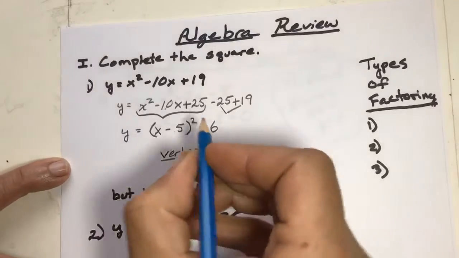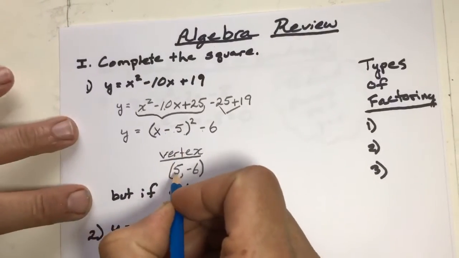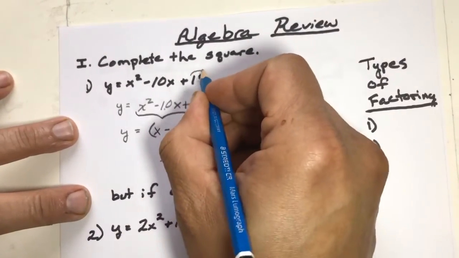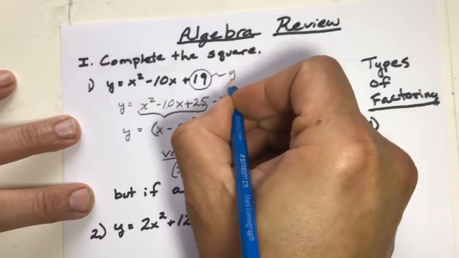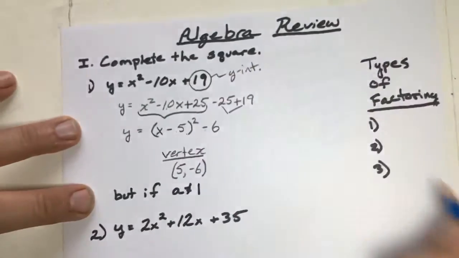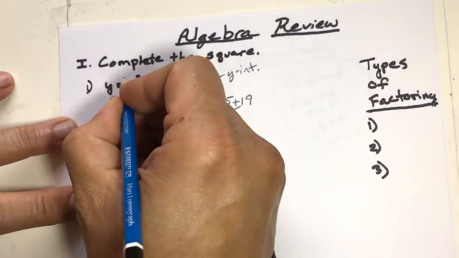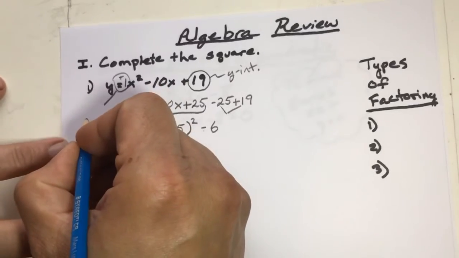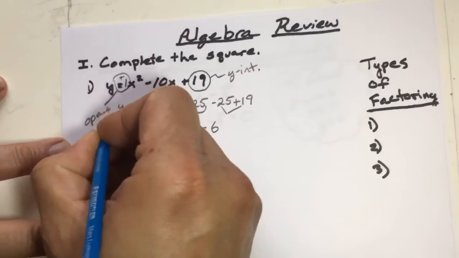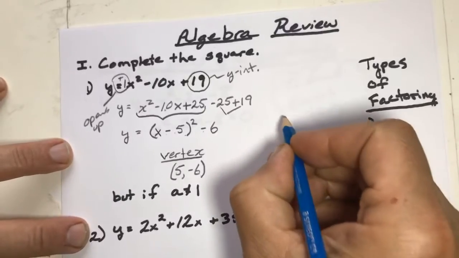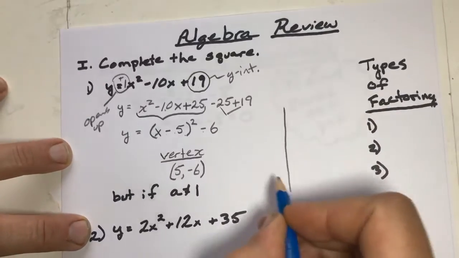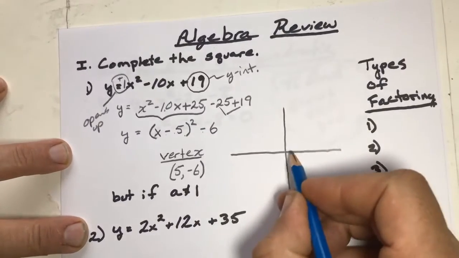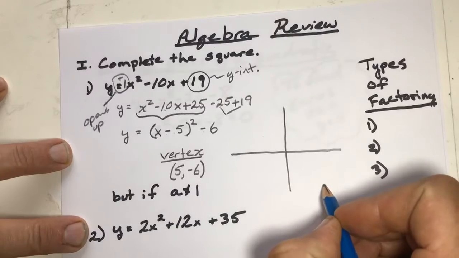That sign is the truth. This one is a lie. So I know where this turns around. Now I know a whole lot of things about this parabola. I know that the y-intercept from this is 19. I also know that this opens up because that's a positive 1 out in front, the a value. And if it opens up and the vertex is approximately 5, -6, that means over 1, 2, 3, 4, 5, and down -6.